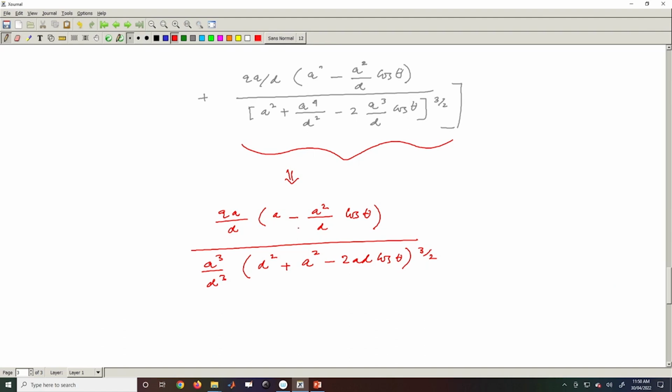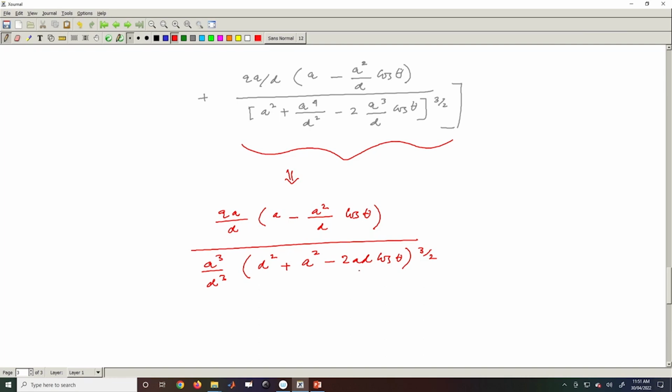From the denominator I take common, I need to make this 2 a d, so that means I take 1 by d common, and also the square of that thing.